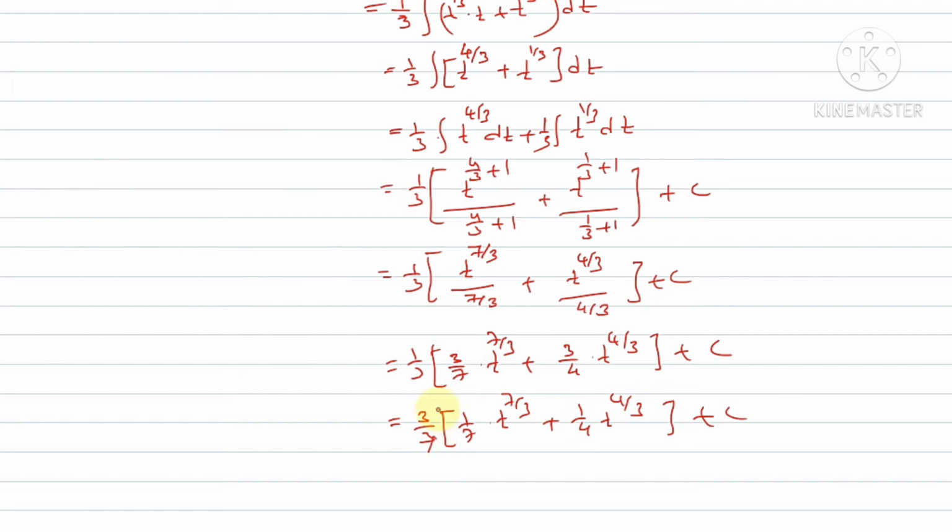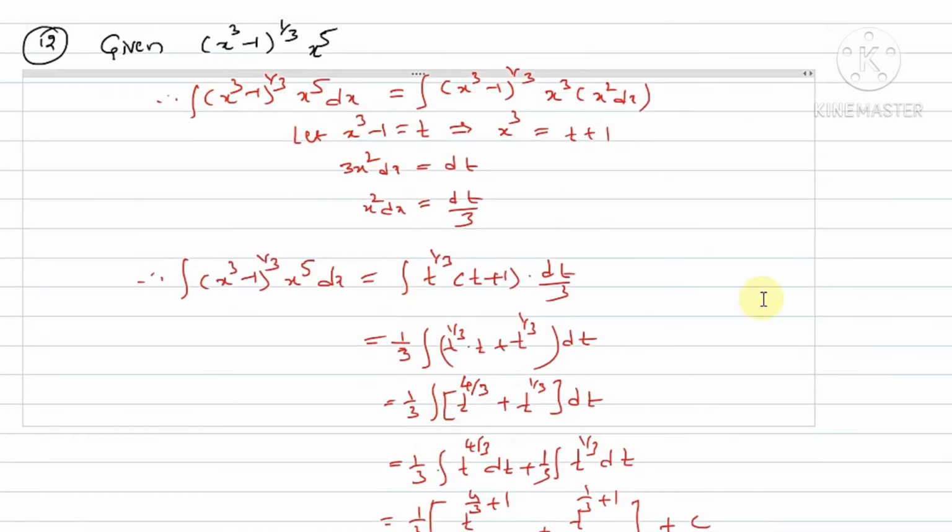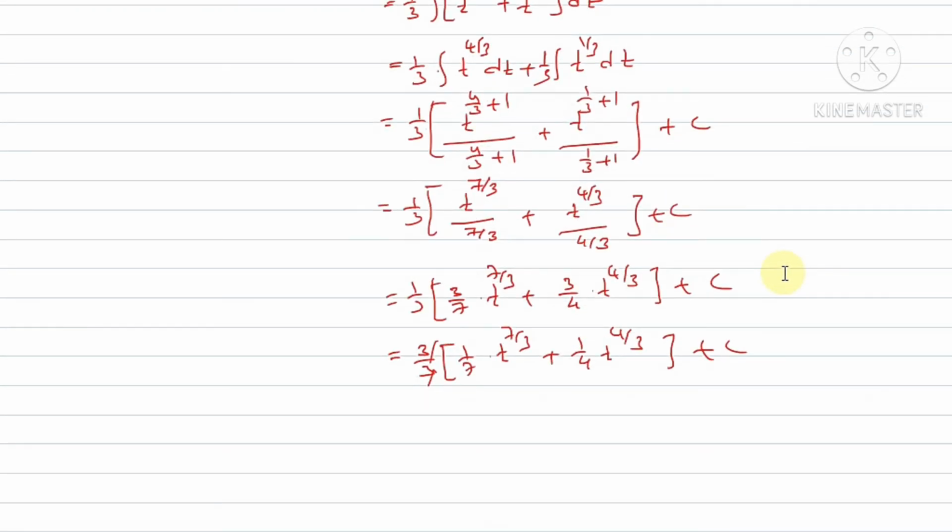But actually what is t? The t value I took is x cube minus 1, so substituting here, we get 1 by 7 (x cube minus 1) all power 7 by 3, plus 1 by 4 (x cube minus 1) all power 4 by 3.